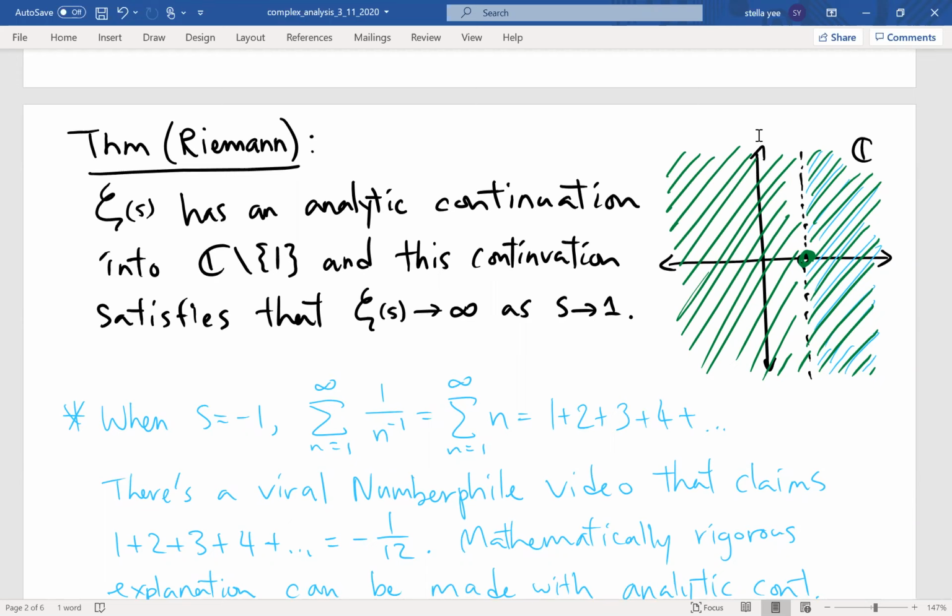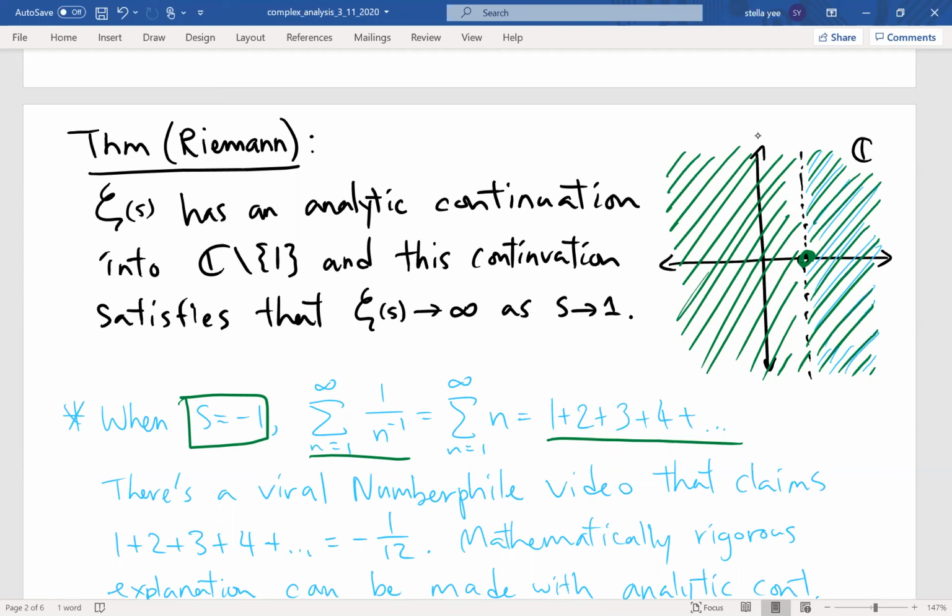One interesting note is that when s is exactly equal to -1, we can rewrite the zeta function as 1 over n to the -1, which is just adding up n. And you could look at that as the sum of 1 plus 2 plus 3 plus 4 plus and so on.